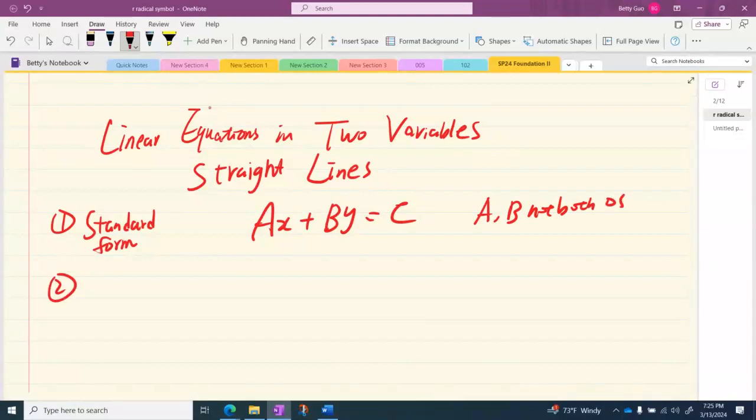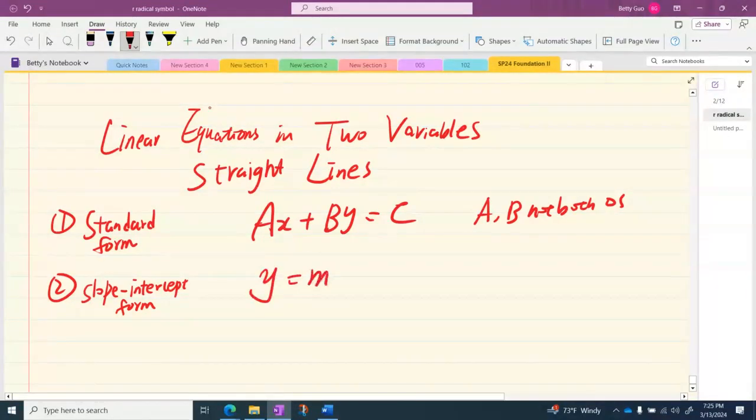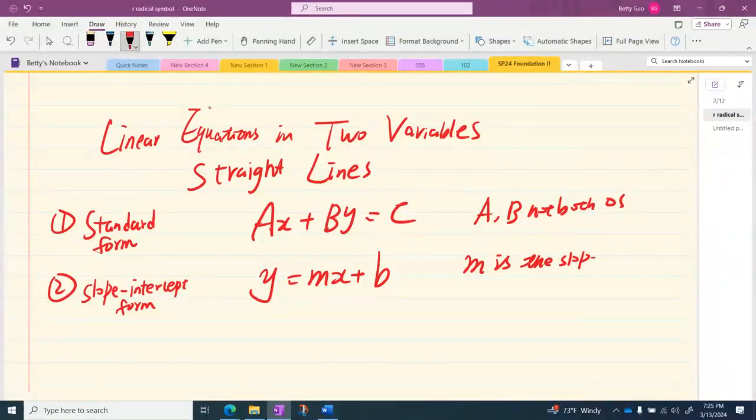The second one is what we learned today, slope-intercept form. The formula is y equals mx plus b. Here, m is the slope, and b is the y-intercept.